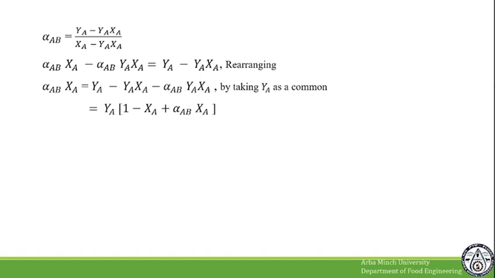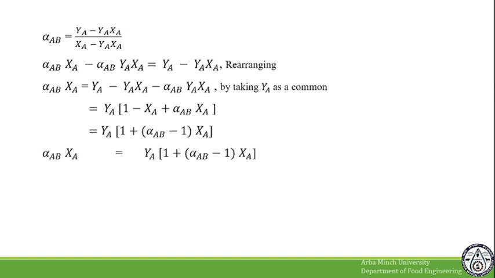Here, similarly, xA is common, so we could rearrange it like this: yA is equal to 1 plus, the minus sign becomes plus when we rearrange it, (alpha AB minus 1) into xA. On the left side, it is equal to alpha AB times xA. When we equate the right and left sides of the equations, we divide by 1 plus (alpha AB minus 1) xA.